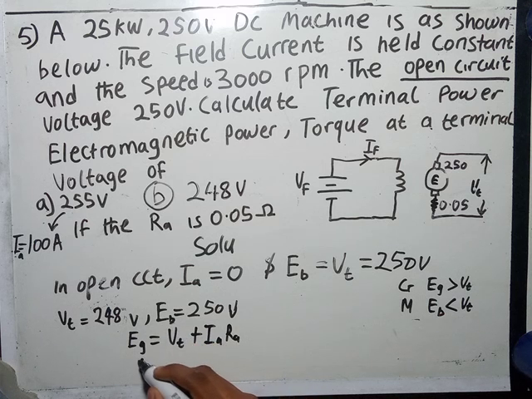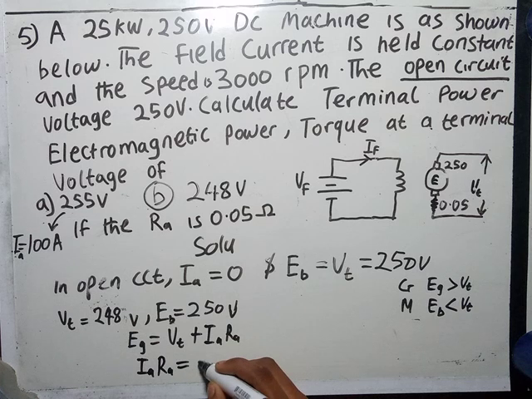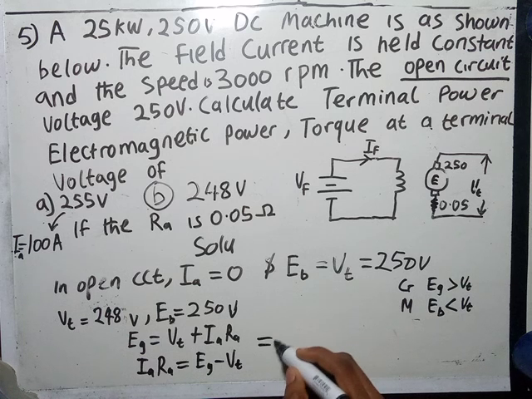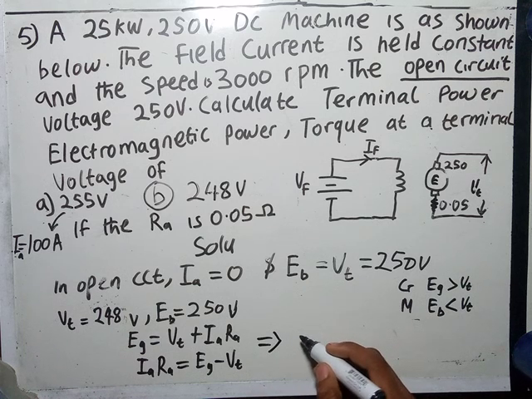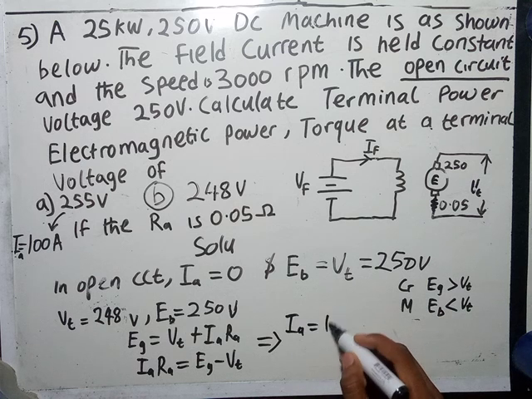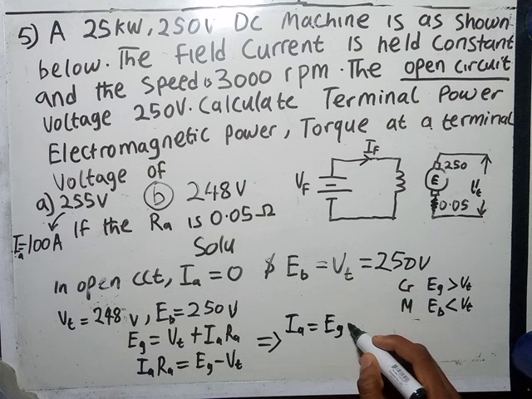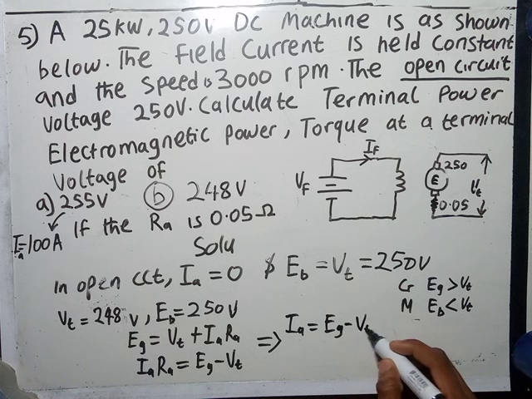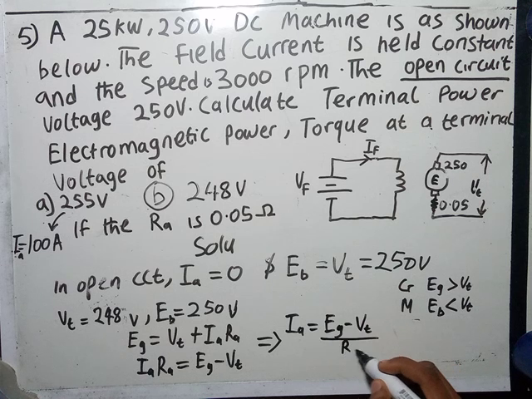Taking this over, we have Ia Ra is equal to Eg minus Vt. Dividing by our Ra, we have that Ia is equal to Eg minus Vt all over Ra.